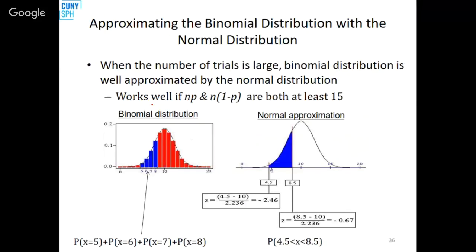I say here it works well if np and n times 1 minus p are both at least 15. That's certainly true, but that's very conservative. In the example on the last page, n times p was only 10, but I think it's still going to be a pretty good approximation. If they're at least 15, it would be even better.